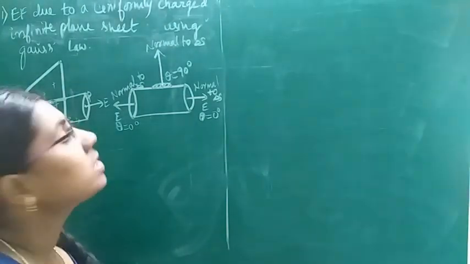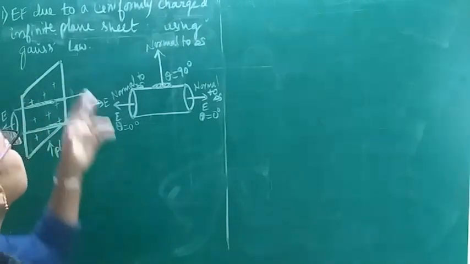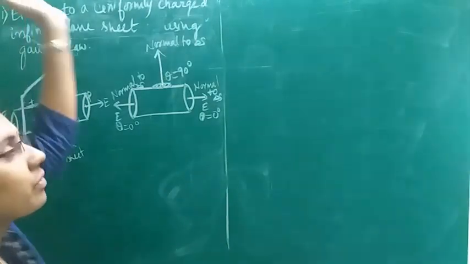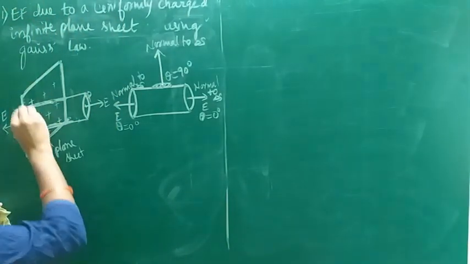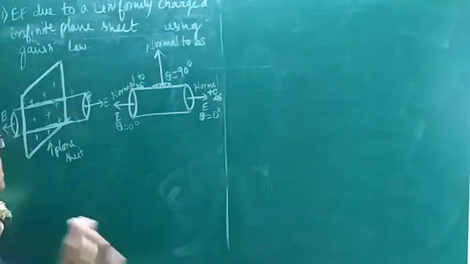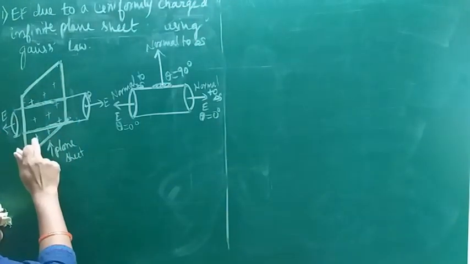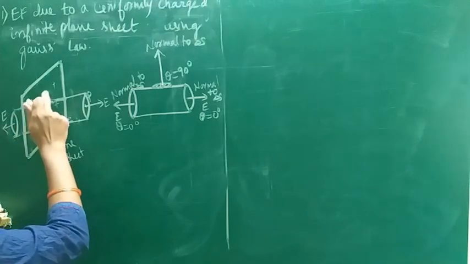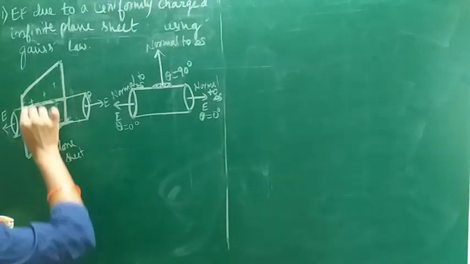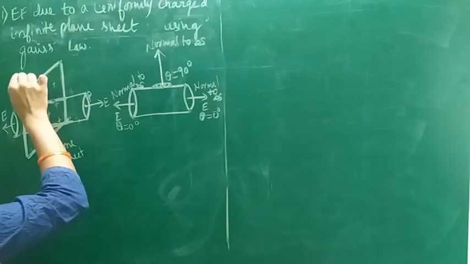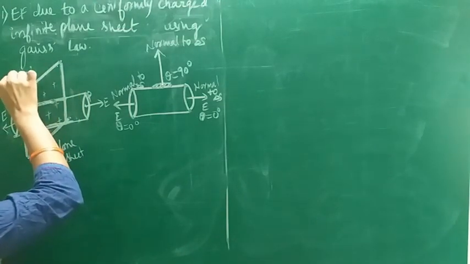Now, the second one: we have to find the electric field due to an infinite plane sheet using Gauss law, right? For that, let us consider a positively charged infinite thin plane sheet. This plane sheet has a surface charge density sigma.